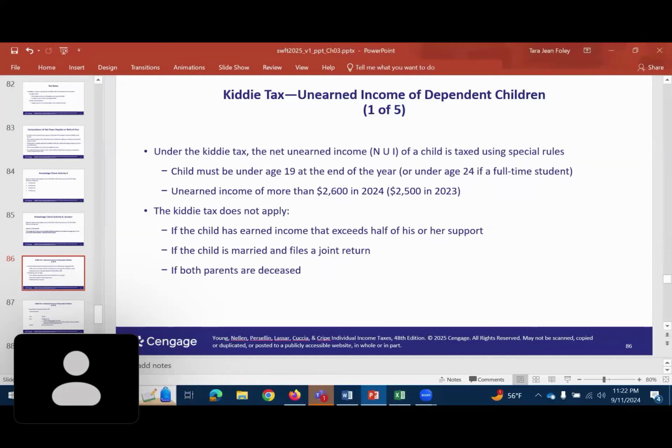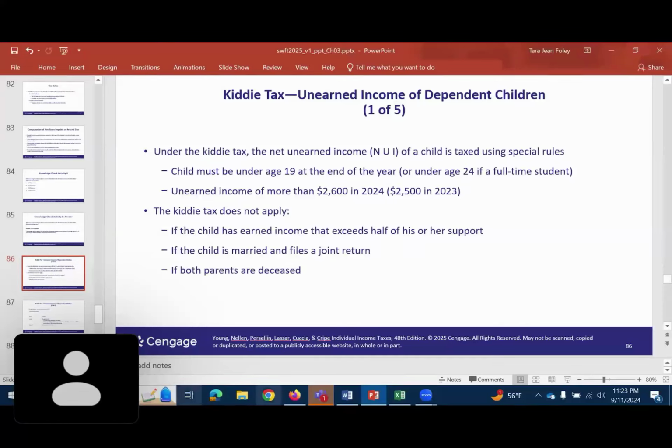Why? Because remember when we talked about the tax rates, 10, 12, up to 37, these clients were up at the 37% rate, right? And all their income above that amount was taxed at 37%. So they wanted to take some of that income off of their 37% and put it into their child's, and the child would be 10%, 12%, 15%. So for a family, they're moving money to get a lower tax rate.